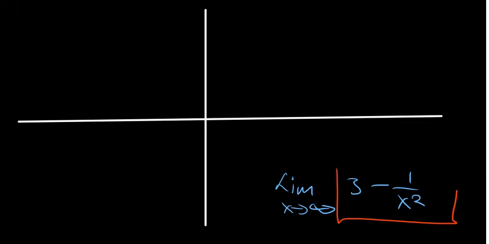Consider a case where we have the limit as x is approaching infinity for 3 minus 1 over x squared. Whenever you have such an expression, since you've got a negative there, it means you can't have a function value which is going to be greater than 3. They are all going to be less than 3. Why am I saying so?